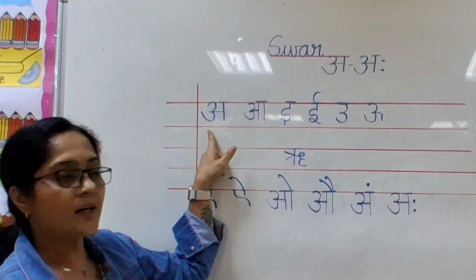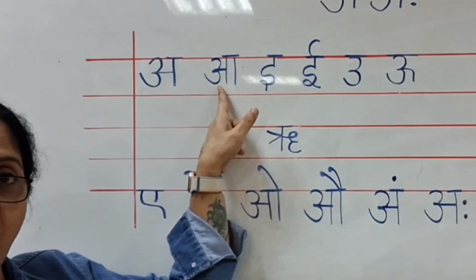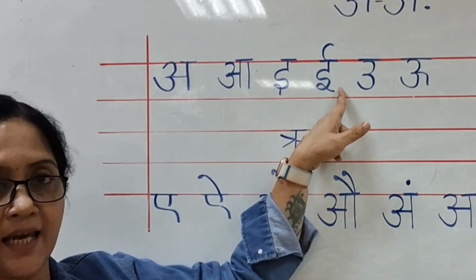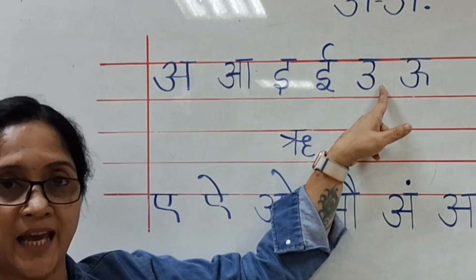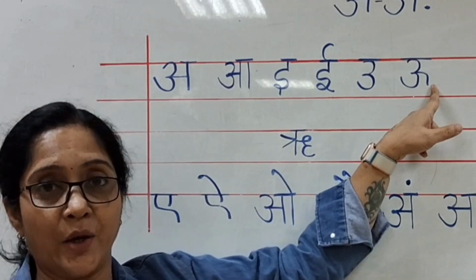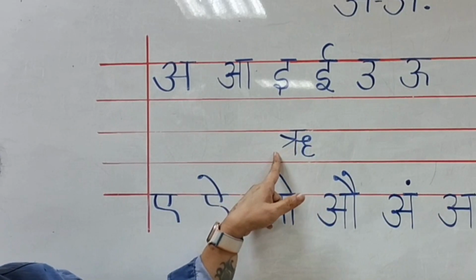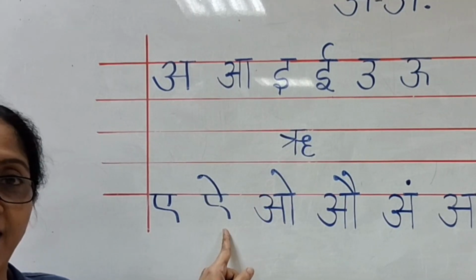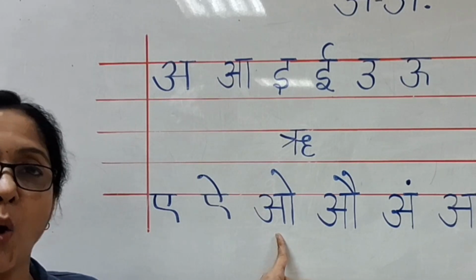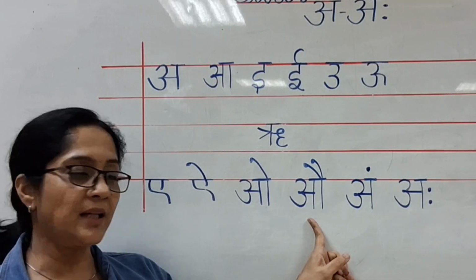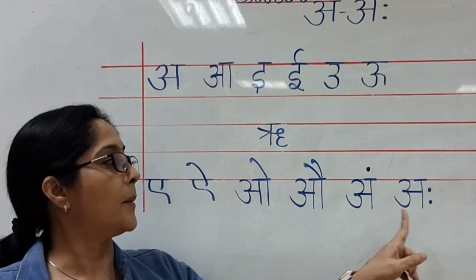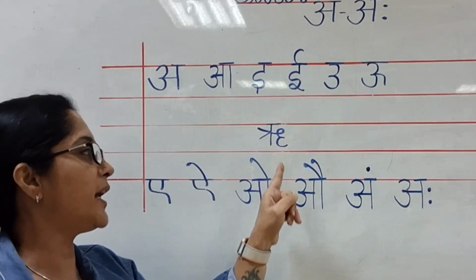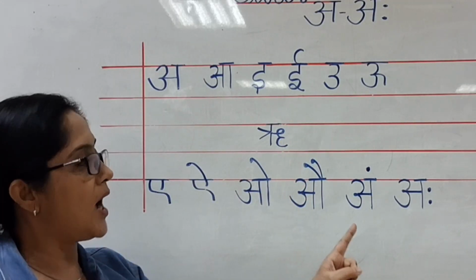A se anar, A se aam, I se imli, I se eek, U se ullu, U se ool, Ri se rishi, E se edi, E se ऐनक, O से ओखली, O से औरत, अं से अंगूर और अः से आहा. आ ई उ रि ए ओ आओ aha.